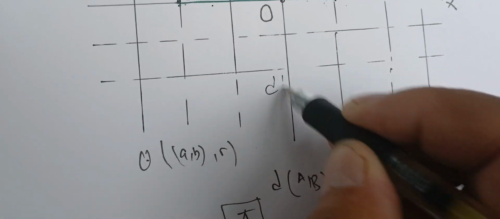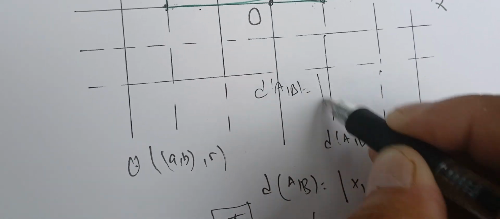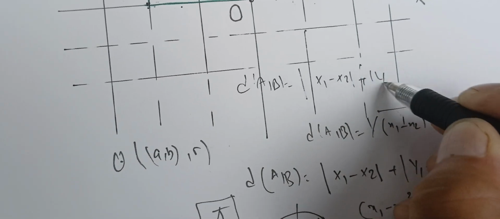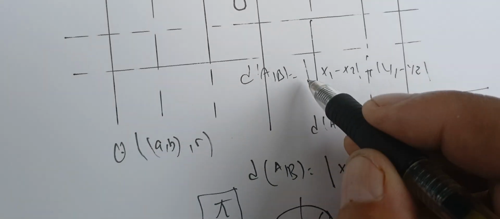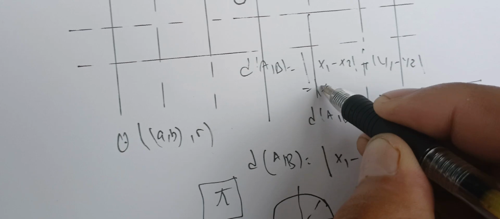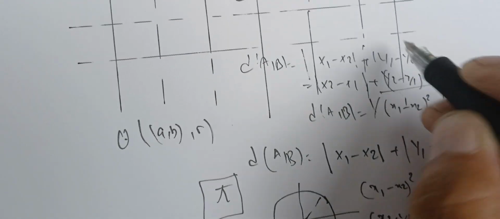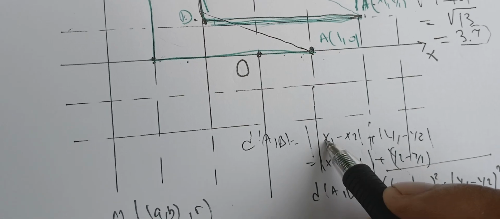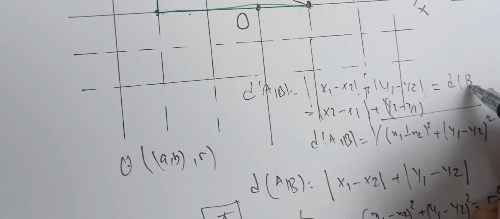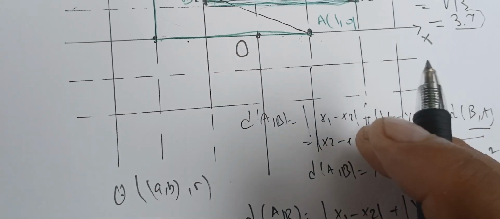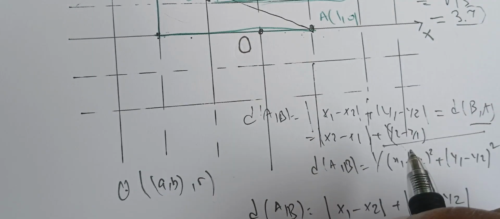We know that the distance between A and B in Taxicab geometry is |x1 minus x2| plus |y1 minus y2|, and it's the same as |x2 minus x1| plus |y2 minus y1|. That means going from A to B is the same as going from B to A. This is one property of the distances.